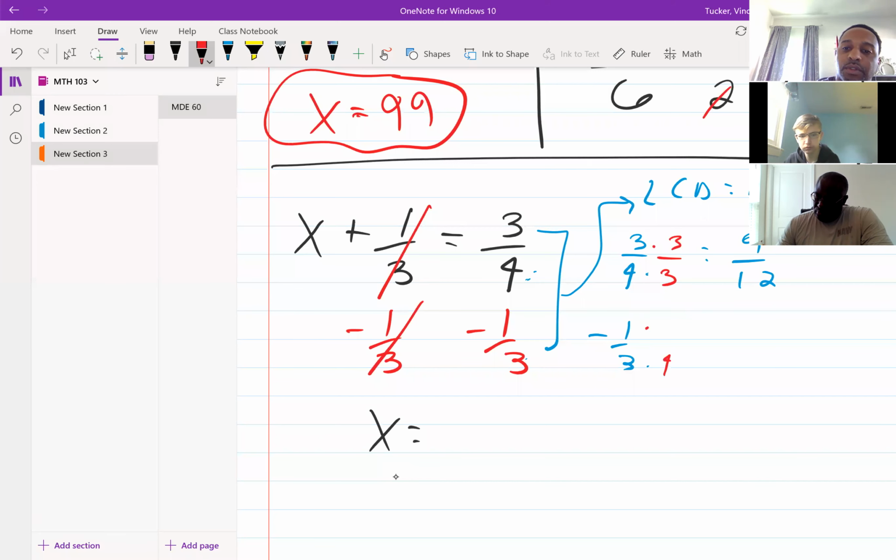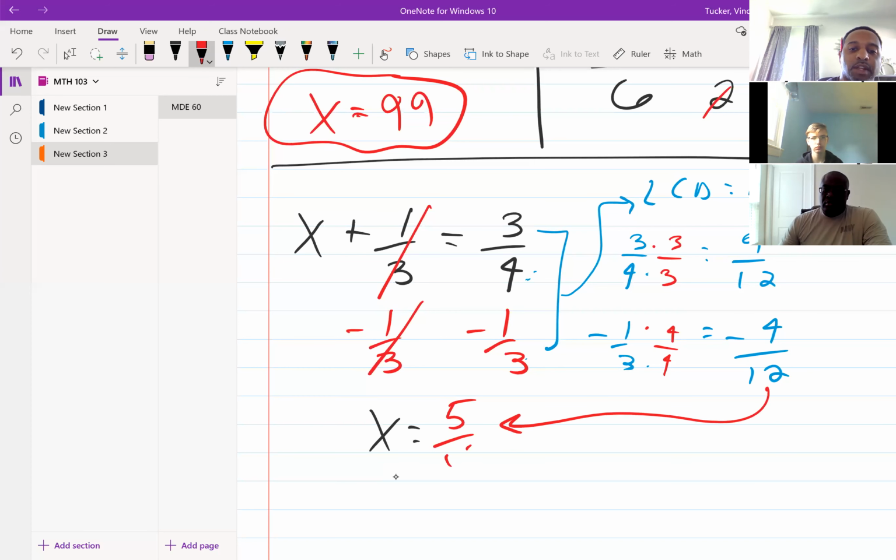That'll be 4. So that'll be a minus 4 over 12. You cannot add or subtract fractions without having a common denominator. So once you have your common denominator, you have on top 9 minus 4, which is 5, as your final answer. Keep that same denominator. Your answer is 5 over 12.